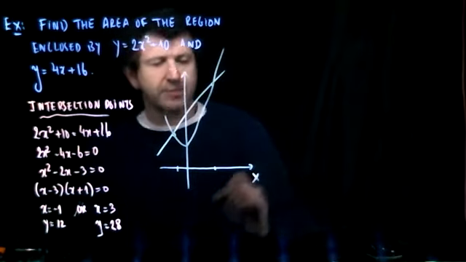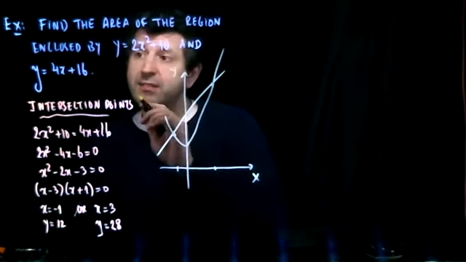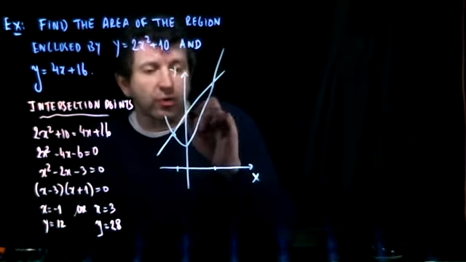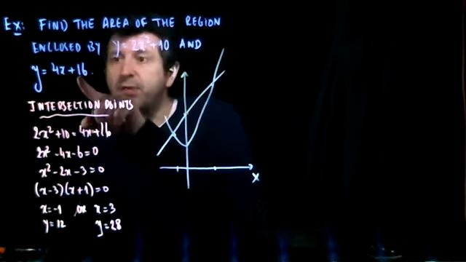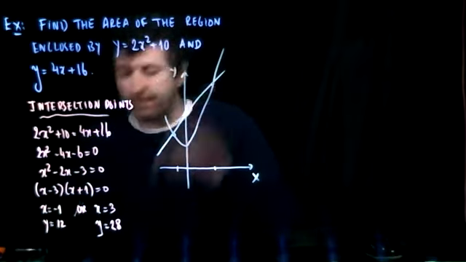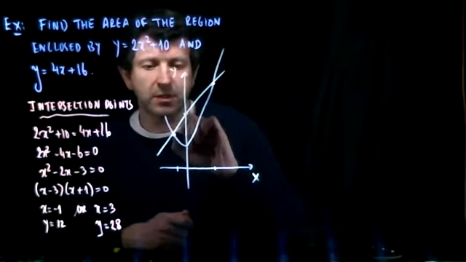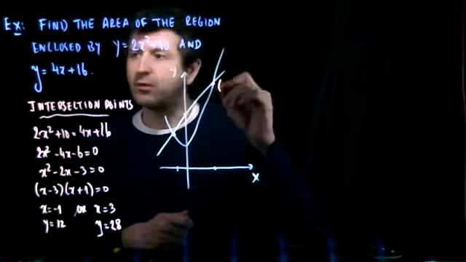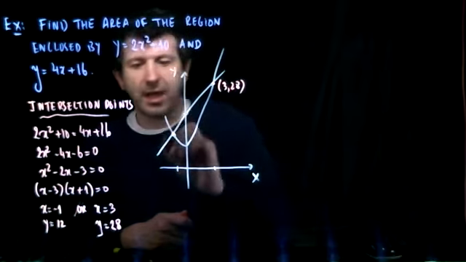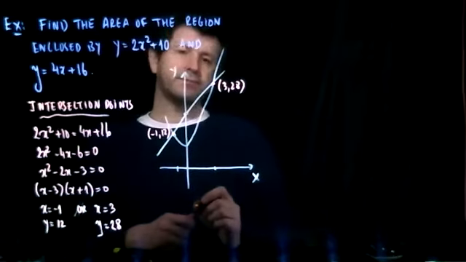Again, it doesn't need to be very precise, but at least show me that this is a line. You could even put the y-intercept here at 16. That's a reference point. Place the two intersection points between the parabola and the line, which are 3, 28 over here and -1, 12 over here.